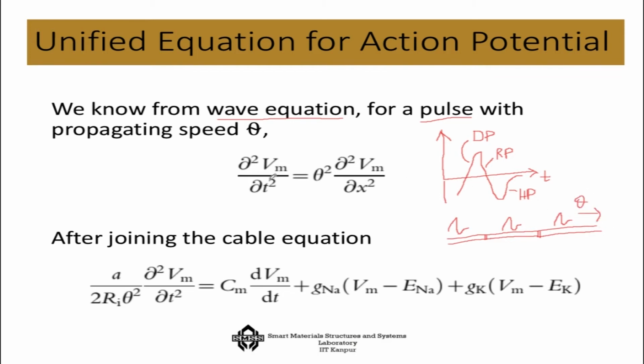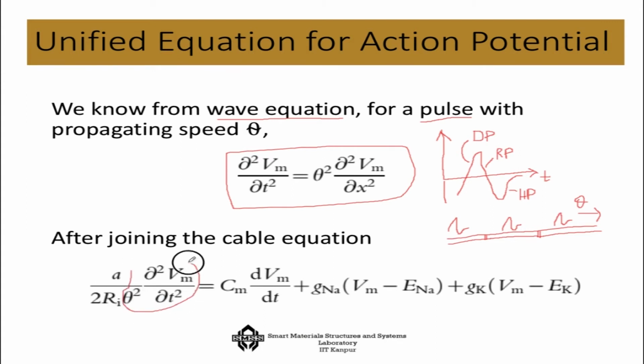Okay, so then you can actually correlate the voltage variation with respect to time and the voltage variation with respect to spatial variation. So once we have this relationship, all we need to do is replace the left side, where it was ∂²Vm/∂x², by 1 over theta squared times ∂²Vm/∂t².